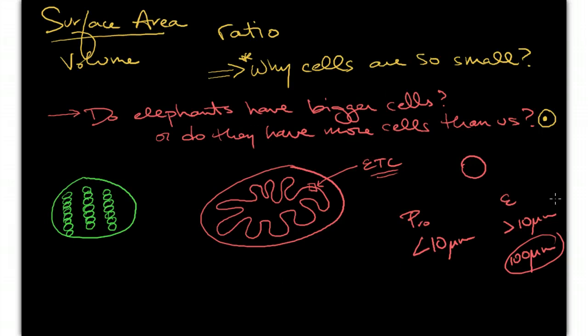And the examples of these organelles are like the endoplasmic reticulum and the Golgi apparatus. So it's there to form many types of organelles.